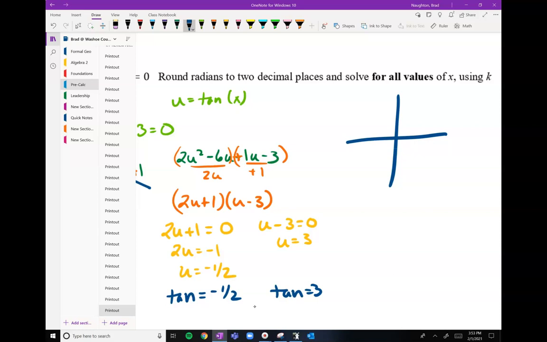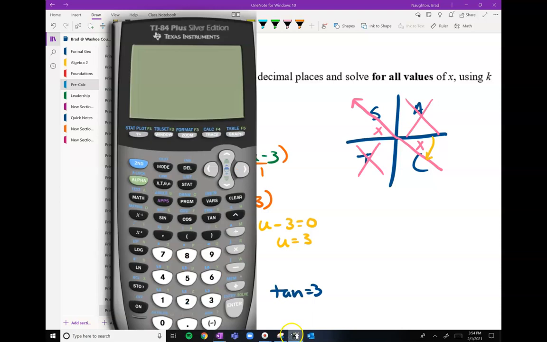So all students take calculus. It's a negative, so it's going to be not in this quadrant nor this quadrant. So I'm looking for this x as well as this x right here. You with me? So right here, this is what we're going to get when we plug it in our calculator.